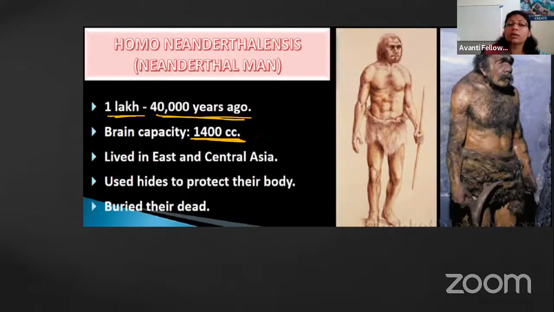Their fossils are basically found in the East and Central Asia region, and they used to make caves to hide themselves and protect their bodies.